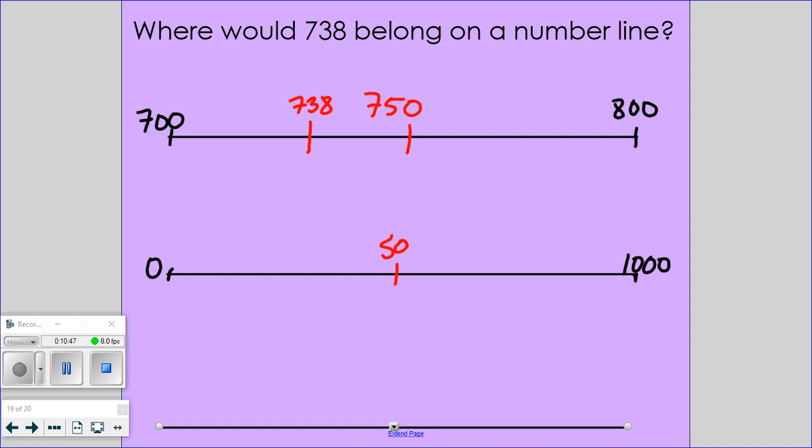If that is our middle, where is 738 gonna go? Aiden, where's that number gonna go? Near the middle, but kind of slightly further. Yeah, to the 1,000. 738 is pretty close to that middle point. It's pretty much the middle.